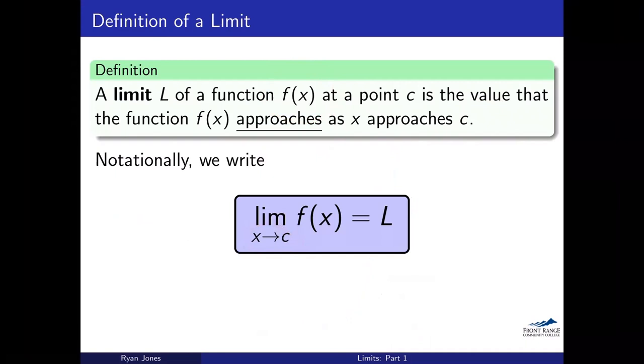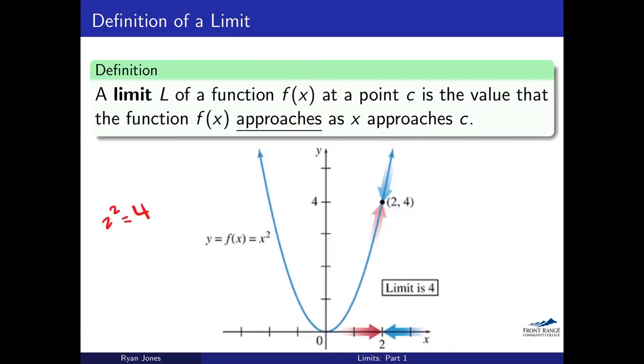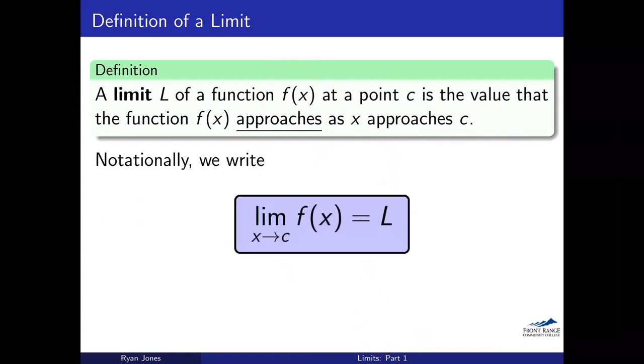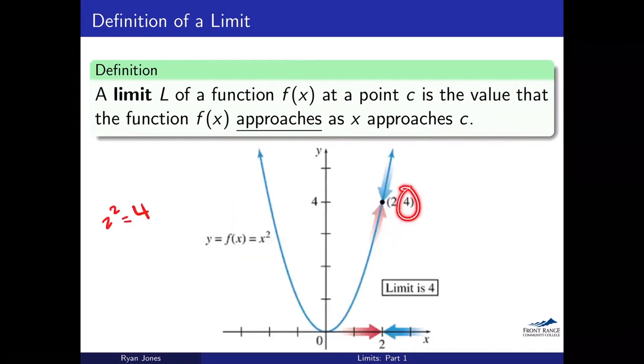Just calling this out so we're not confused: this c is an x value. Back on this slide, that c was equal to 2. The f of x was that function, which on that last slide was x squared. And L is just the answer. It's just saying, I approach that y value of 4.